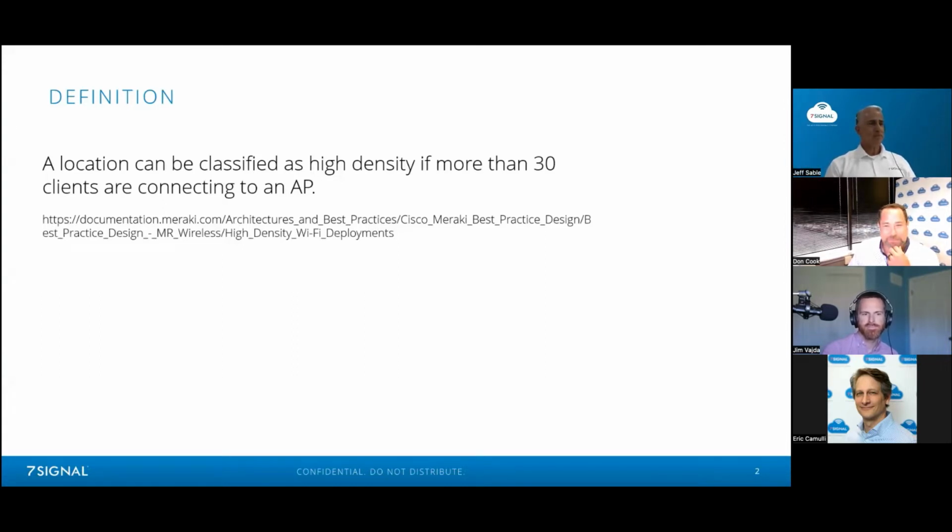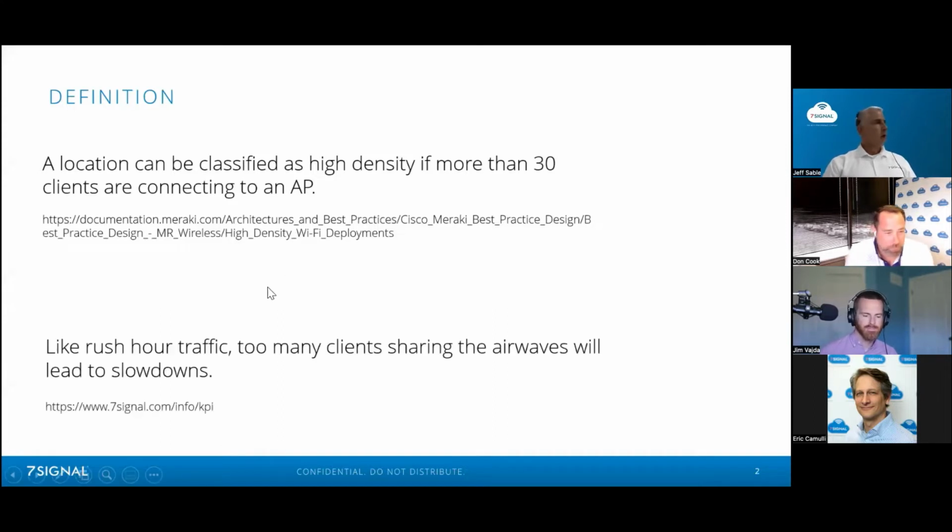So a bunch of folks already knew that. And from a data perspective, we can pick a number, call it 30, and then I'll remind everyone from 7signal and from our KPI page, just like traffic, too many clients sharing the airwaves can absolutely lead to slowdowns, just like too many cars on the highway can lead to slowdowns as well.